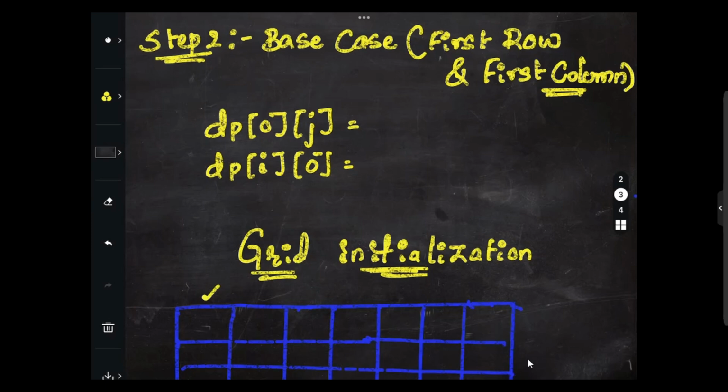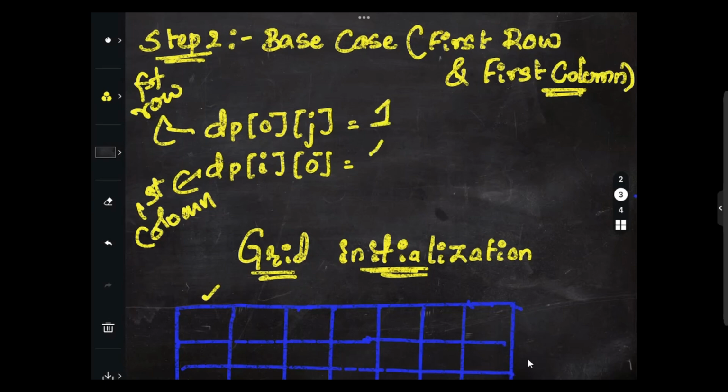So the first row dp of 0,j will always have one path, because the robo can only move right. When we consider the first column, dp of i,0, this will always be 1 as well, because the robo can move down.